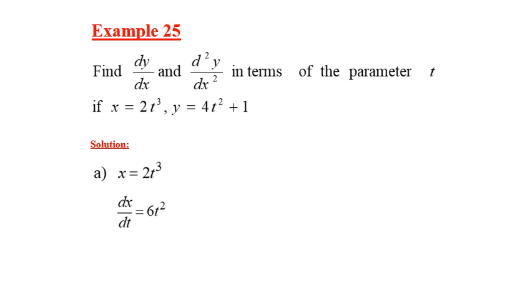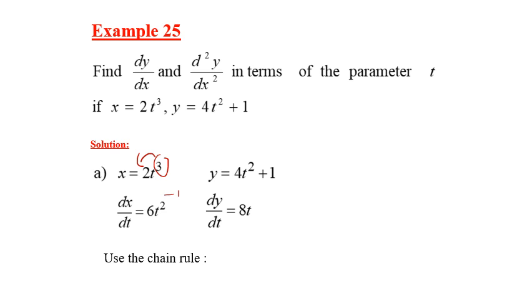Very easy, you already know how to differentiate powers. Bring the original power 3 to the front, multiplied by 2 becomes 6, and the degree decreases by 1. Next for y, we differentiate and get dy/dt. Straight away we get 8t. Very simple.